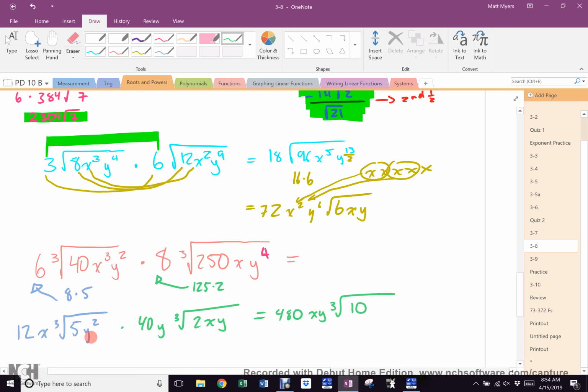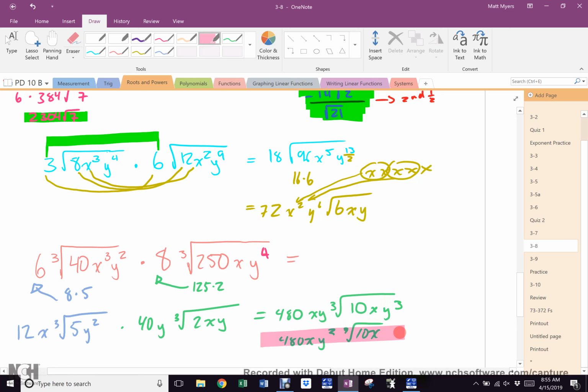So, again, what's x times nothing? X, and what's y squared times y? Y cubed. Could we stop there? Why not? Because the 3 y's, I can bring out another y, but I already have a y there, so it's 480x y squared cube root 10x.